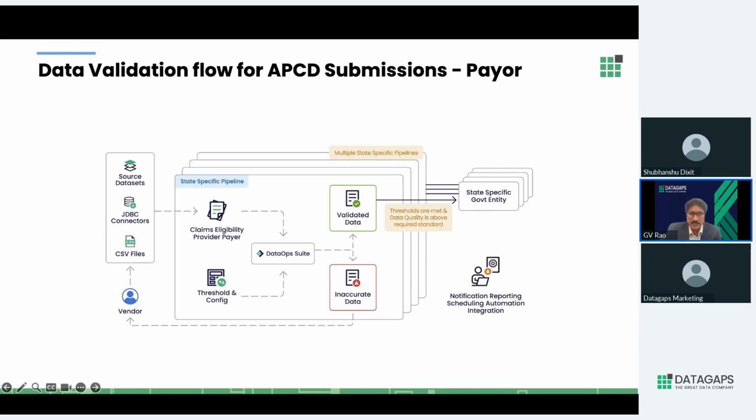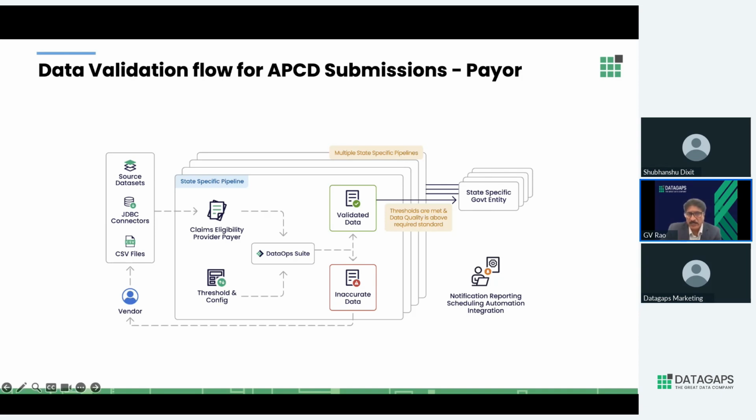So the data then moves into the claims, whatever the claims that are eligible, right? So that is what is being extracted. And when this extraction happens and it comes into the DataOps Suite, it validates it by the thresholds and by the rules that are built in for each of the states, which are actually configurable and we have already configured into the system.